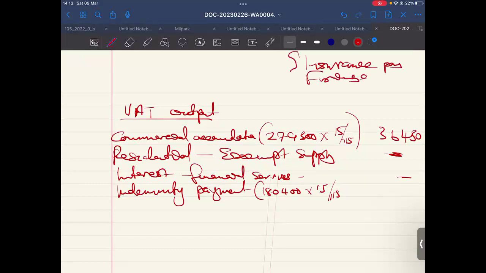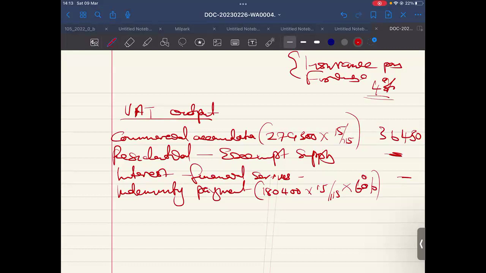We do agree that we have output VAT coming from the indemnity payment. But this company is making 60% taxable supplies and 40% non-taxable supplies. So 40% of the payment is going to exempt supplies. So we need to apportion our payout. We say times 60%.